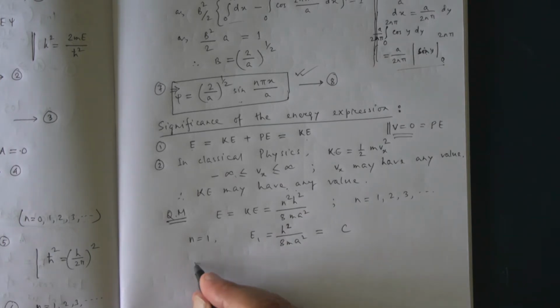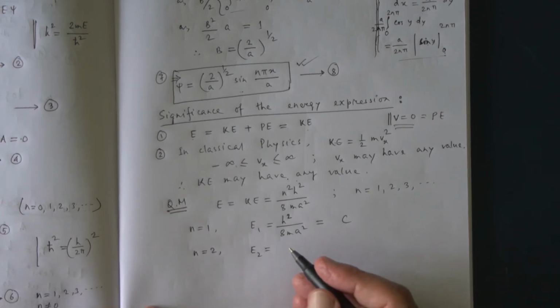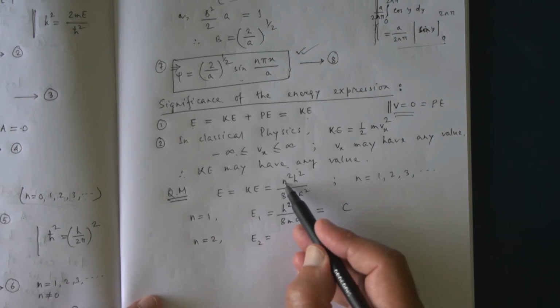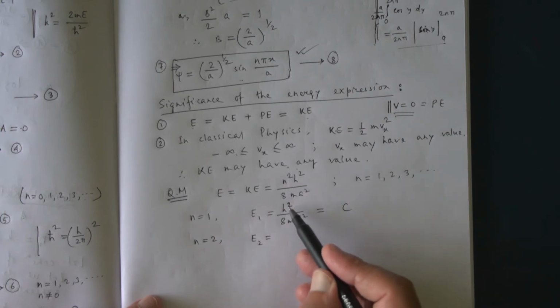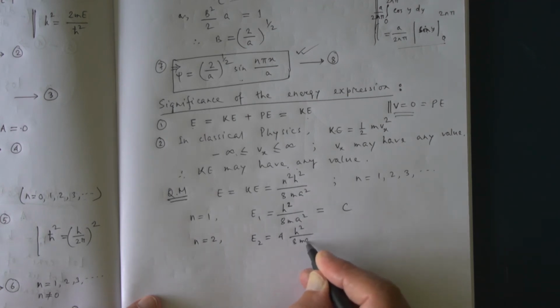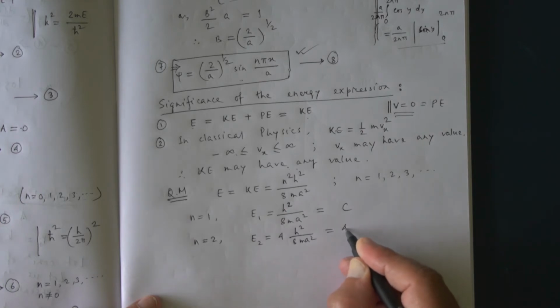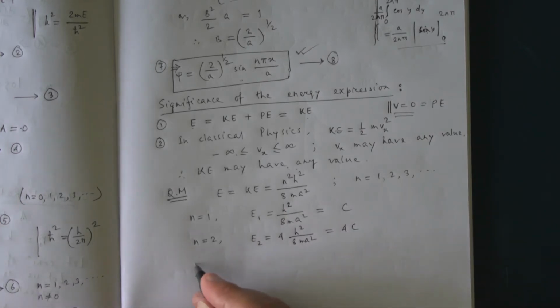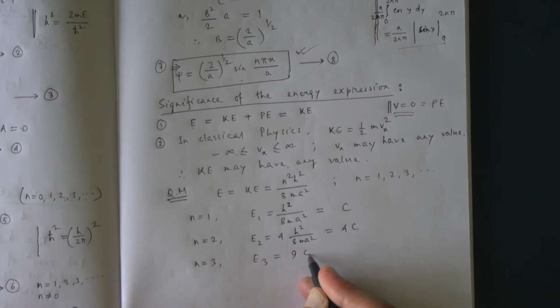Now if n equal to 2, what is the kinetic energy? 4 h square by 8m a square. We can write it as 4C. If n equal to 3, this is equal to 9C, and so on.